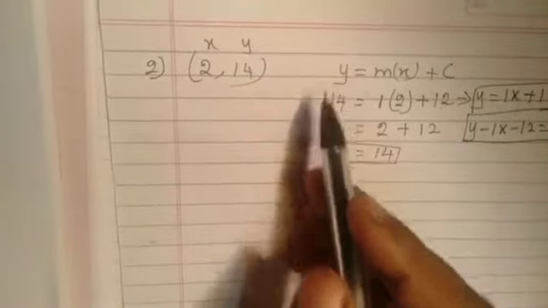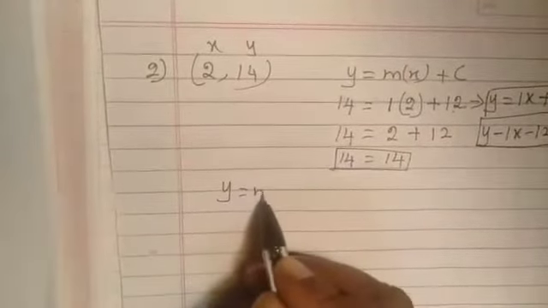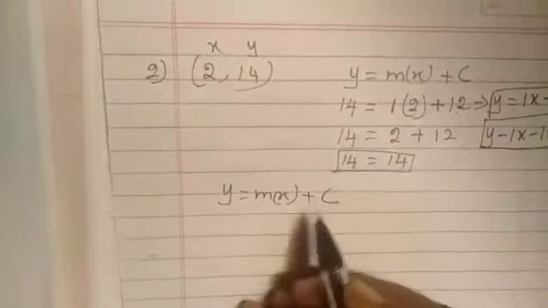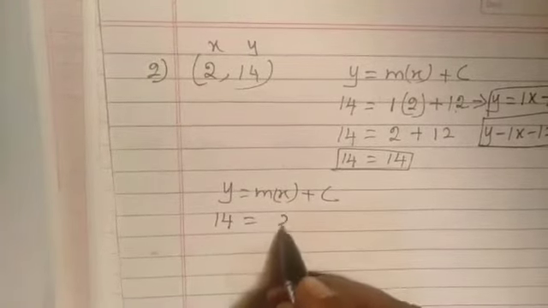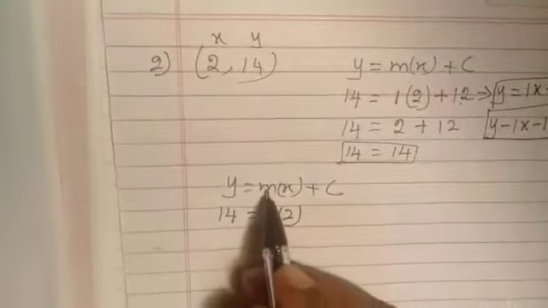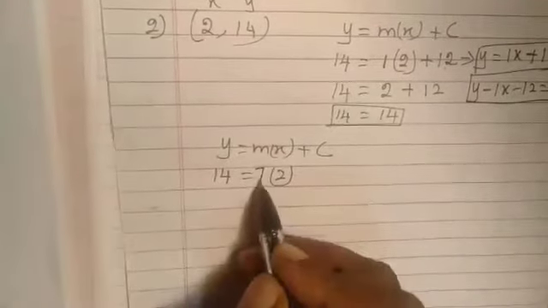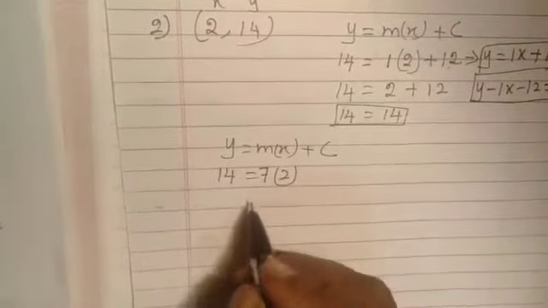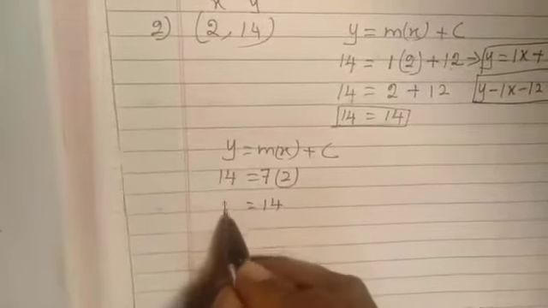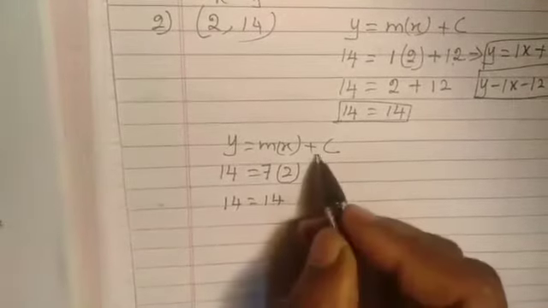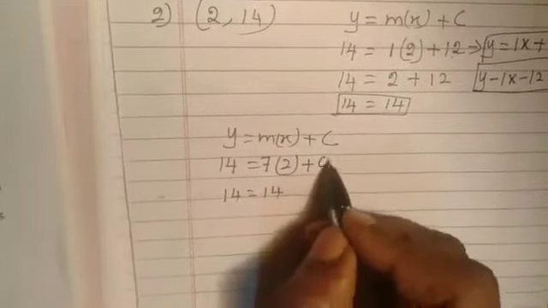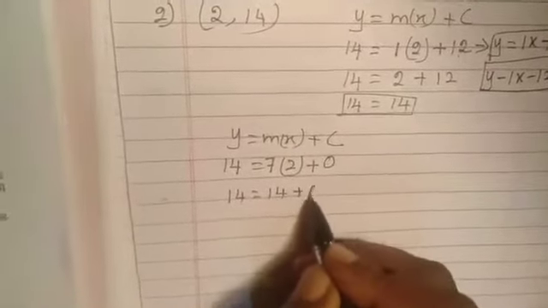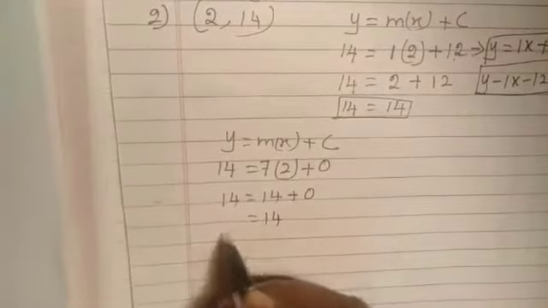Suppose y value is 14 they have given, x value 2. If I change m value as 7, 7 2s are 14. I got here 14 equal to 14. So what value do I have to give for c here? It is 0. So 14 plus 0 also is 14.